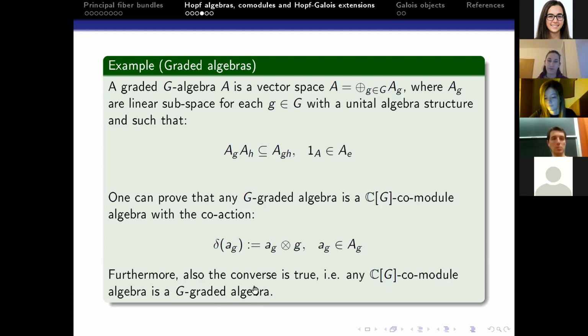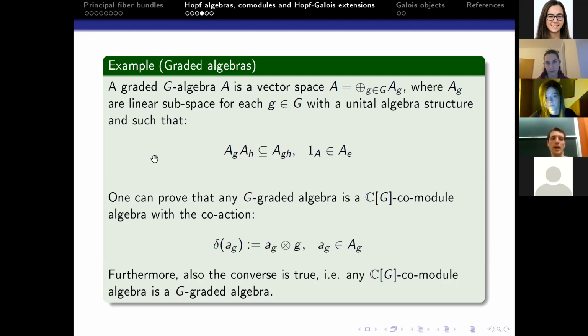A G-graded algebra is an algebra which has a linear decomposition, a direct sum over the group G into linear spaces A_g, such that the product of two components satisfies this equation, and the identity lies in the component related to the identity e in the group.